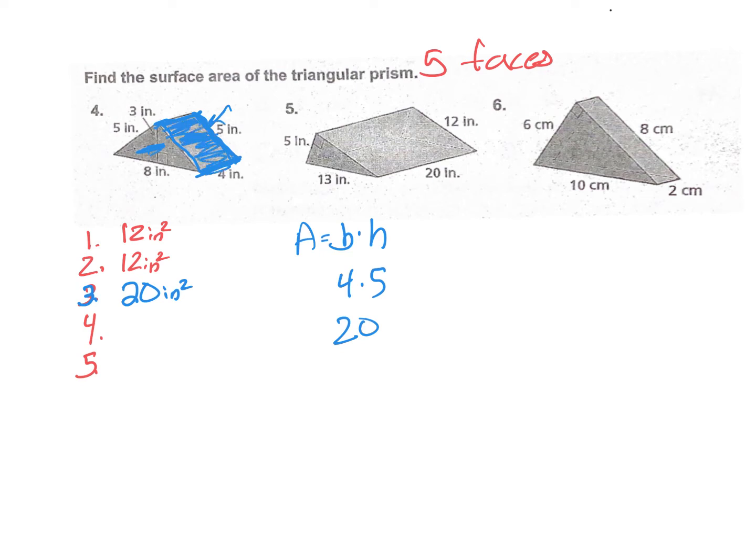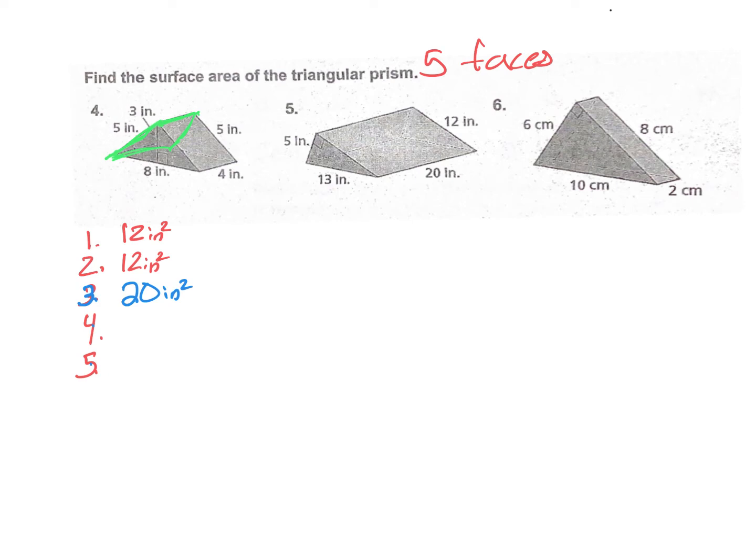Now all I have left is 2 more, number 4, number 5. So I have to do this side over here, and I have to do the bottom. All right, let me erase some of this. Well, maybe I'll do this other side here, like the ramp going down.